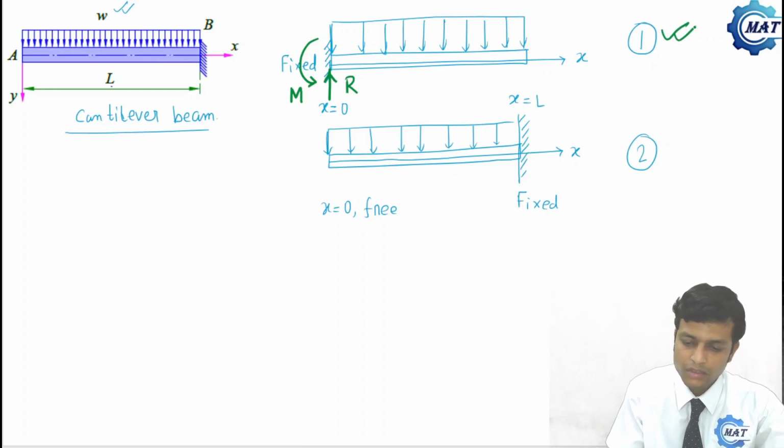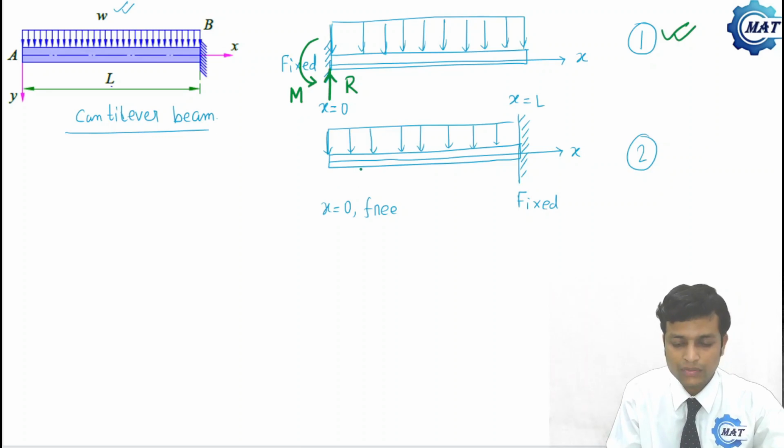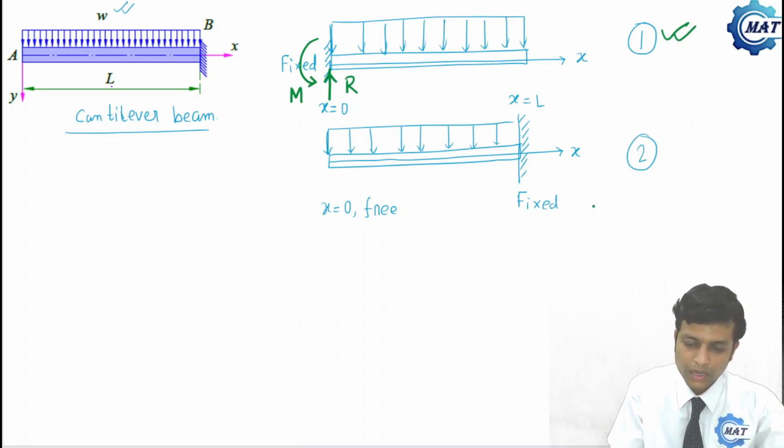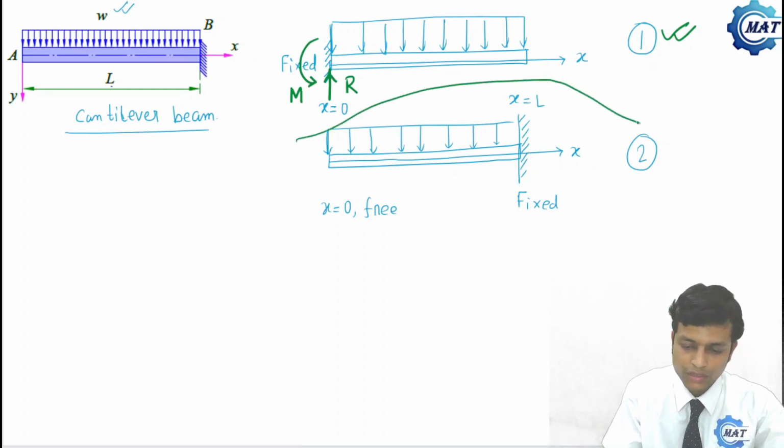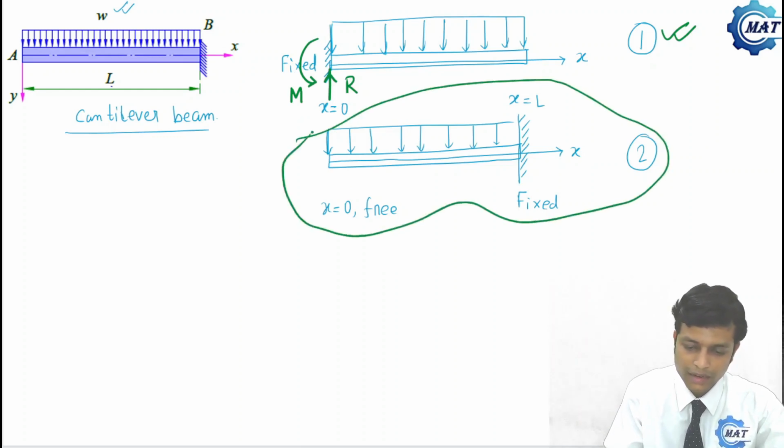Whereas if we choose option 2, at the free end there are no reaction forces. So option 2 is free of these two unknown reaction forces. Our task will be easier if we choose this option for a cantilever beam.